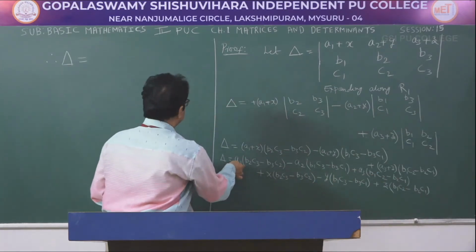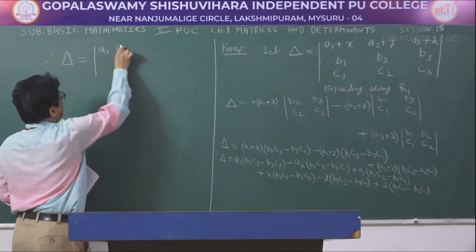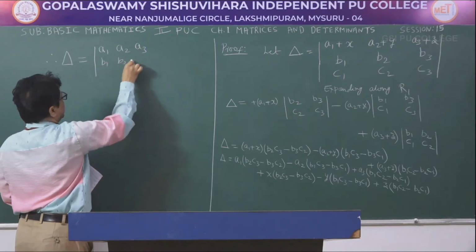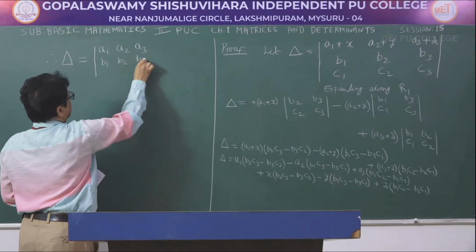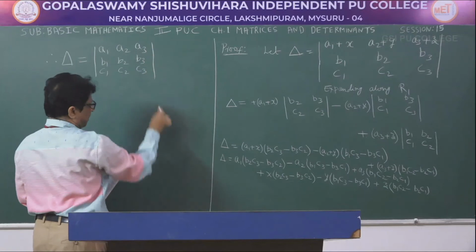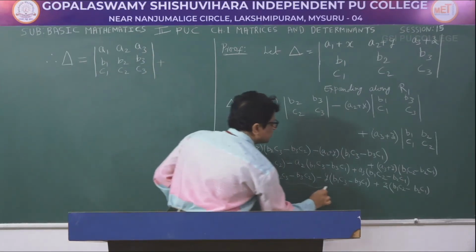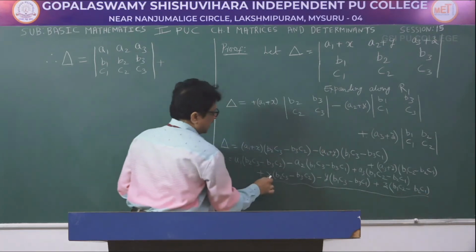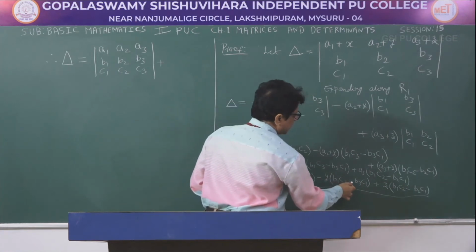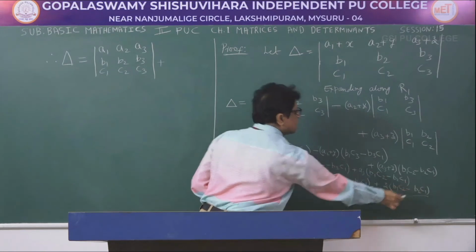This is the expansion of the determinant of a1, a2, a3, b1, b2, b3, c1, c2, c3, plus these terms, x into b2 c3 minus b3 c2 minus y into b1 c3 minus b3 c1 plus z into b1 c2 minus b2 c1.